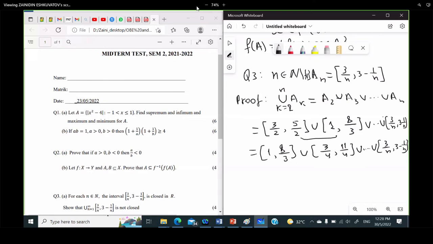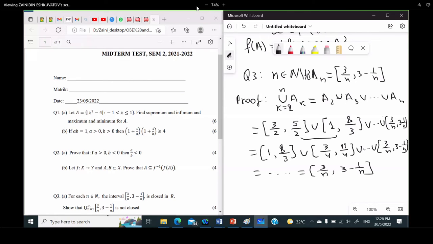Now if you continue this way, you will get 3 over 4, smaller than 1, and 11 over 4 is bigger than this. So at the end, we reach 3 over n and 3 minus 1 over n.